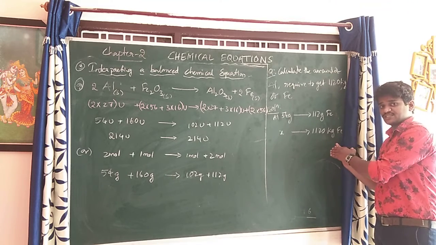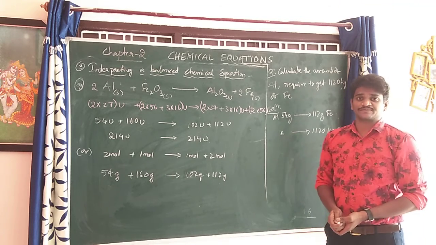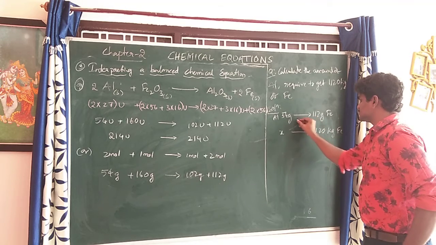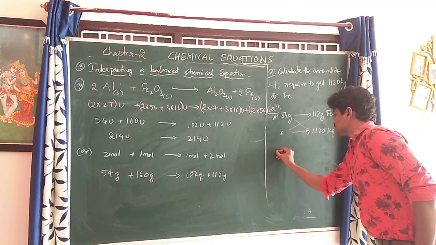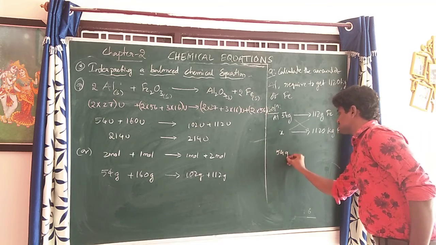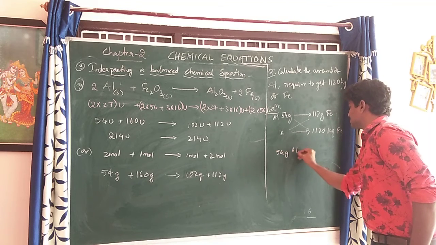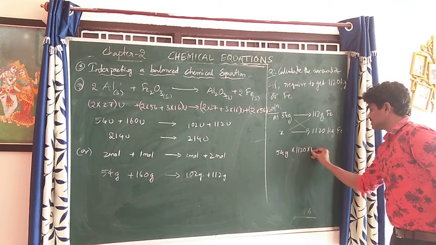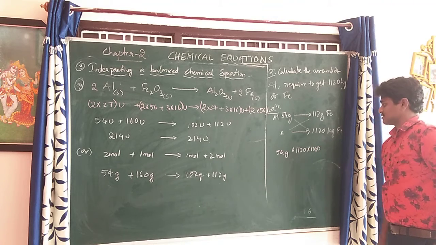How much aluminium is required? Just do cross multiplication. 54 grams into 1120, and you should convert kg into grams.